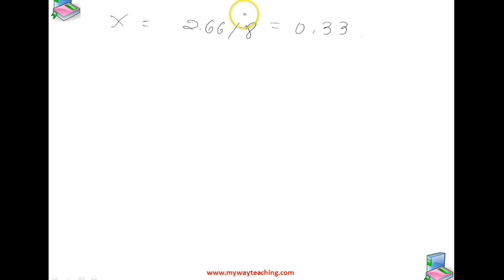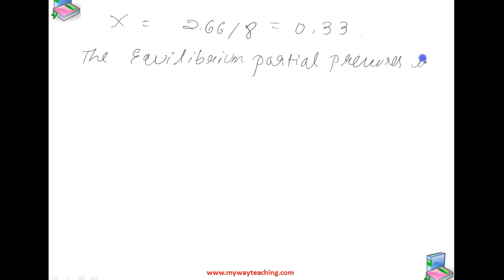The equilibrium partial pressures are PCO equal to 2x, which is 2 times 0.33, equal to 0.66 bar.